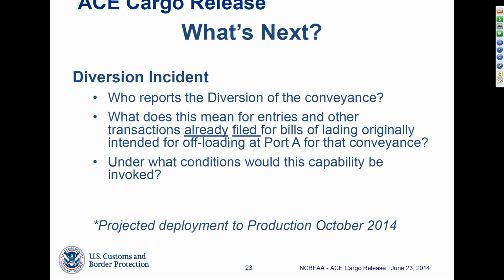And this saves untold amounts of money, time, and effort, and allows the carriers and the brokers to worry about getting that cargo where it needs to be. It allows CBP and the other government agencies to focus on security and whatever needs to happen in Port A, and the carrier to worry about the overload of logistics and equipment at Port B that they weren't expecting.